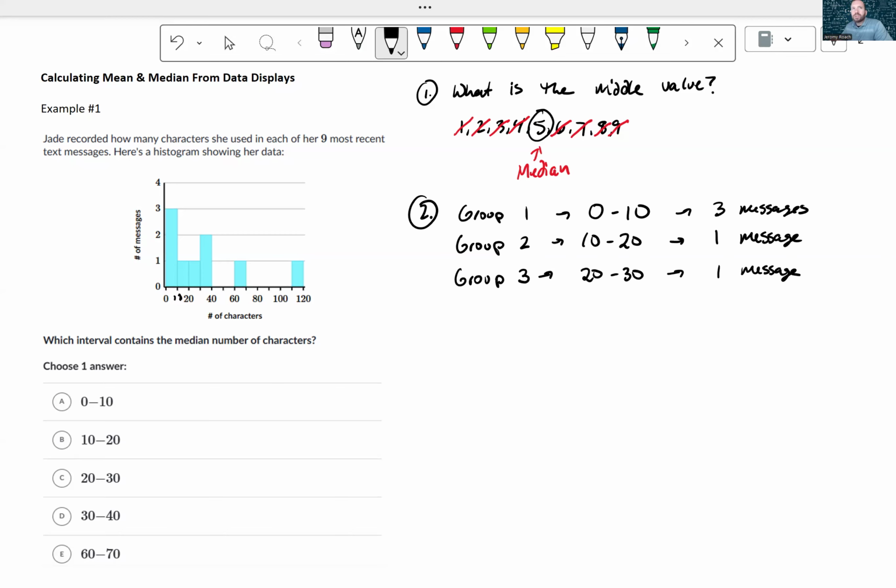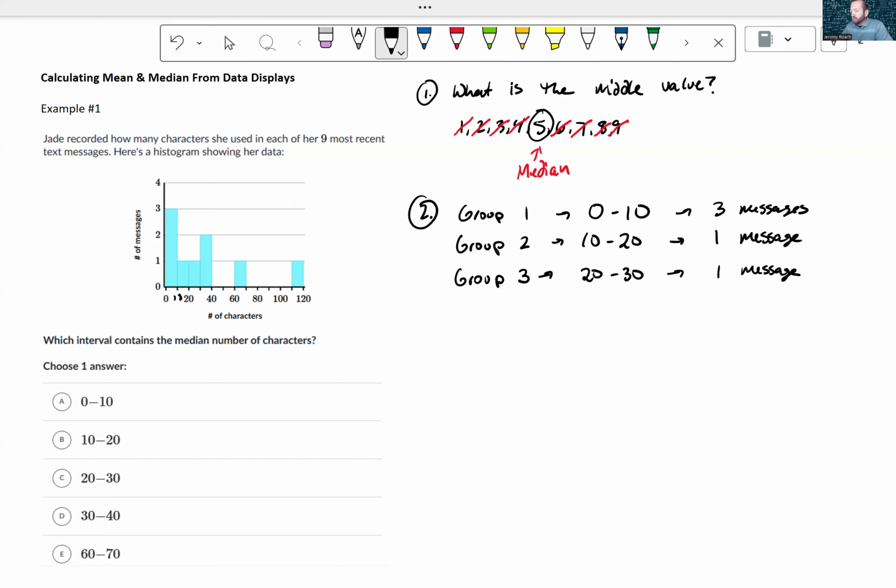Okay. So now it's asking which interval contains the median number of characters? Well, the median is going to be 5 in terms of the number of messages.